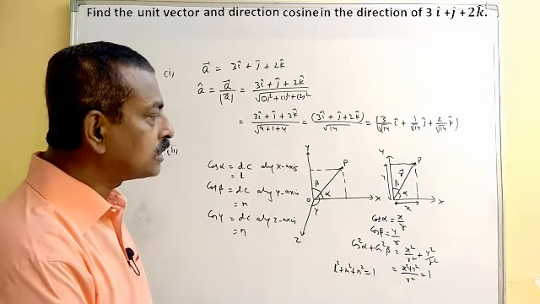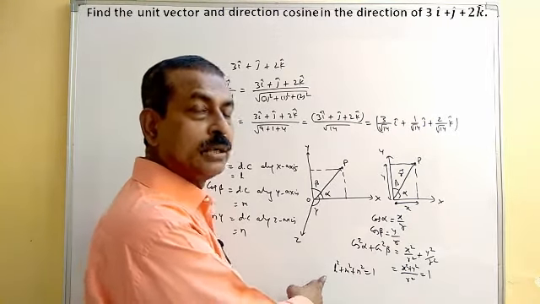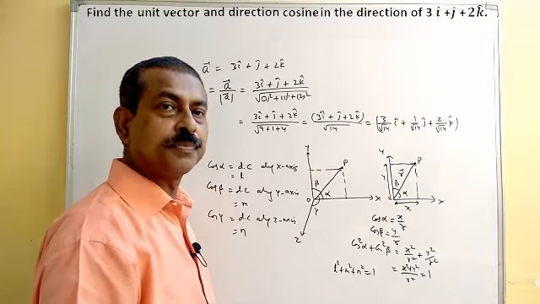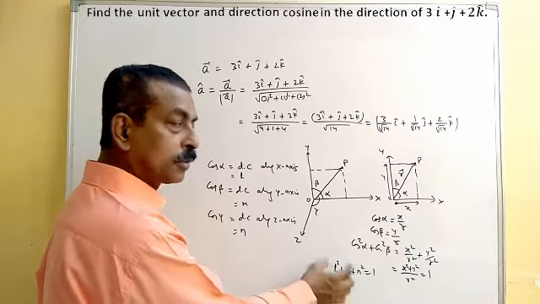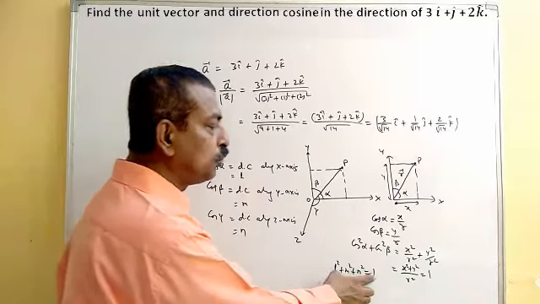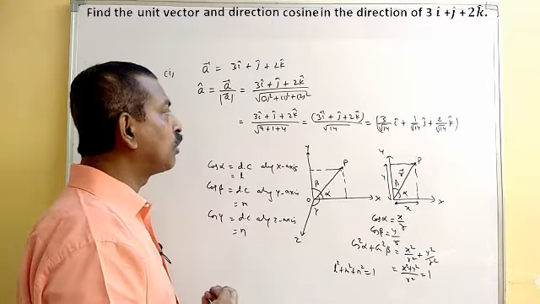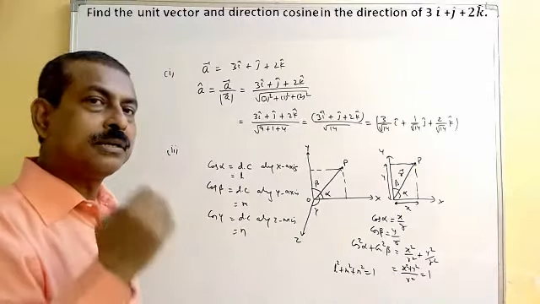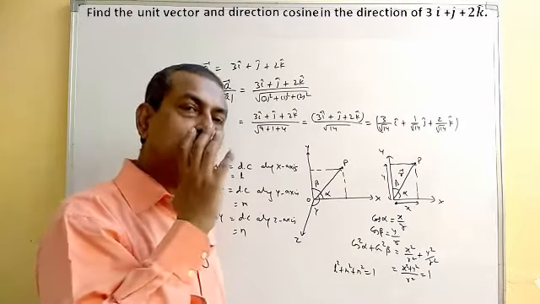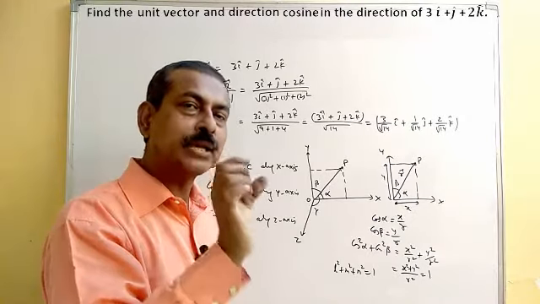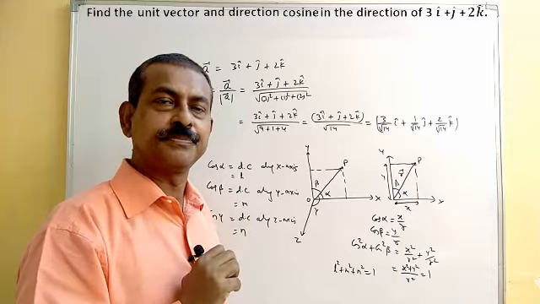And what is this L, the cos alpha term you are taking, which is the direction cosine? Here, as their component sum is giving you one value, indirectly we can also say that direction cosines give you the x component, y component and z component of the unit vector.